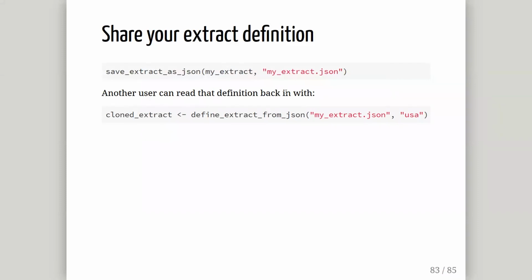But if they are using R, they can use the paired function to read that back in, define extract from JSON, and point to that extract file, the JSON file, and supply the corresponding data collection. And then that cloned extract will look exactly like that original my extract object.